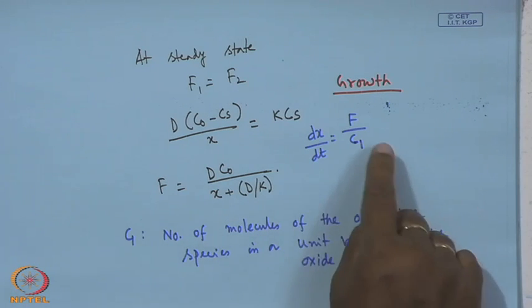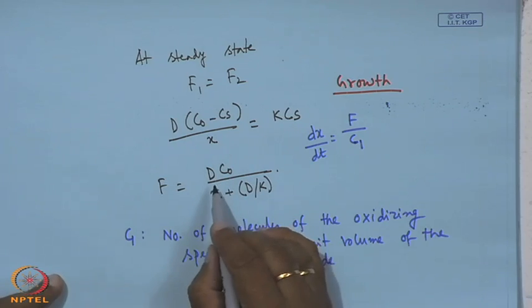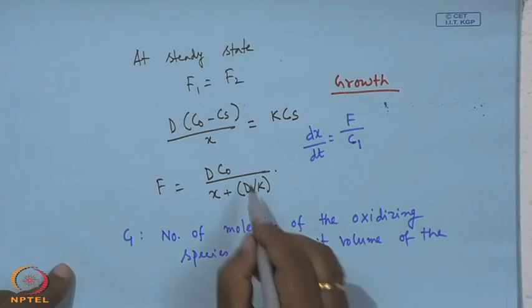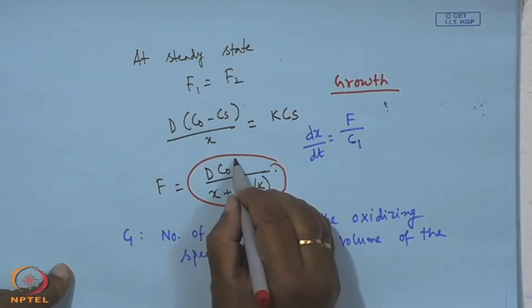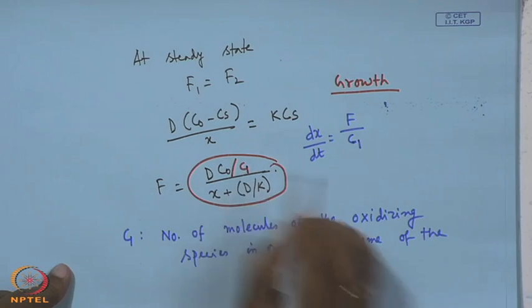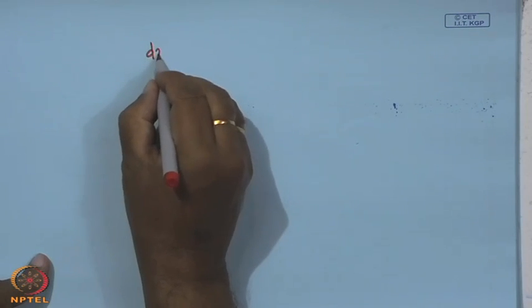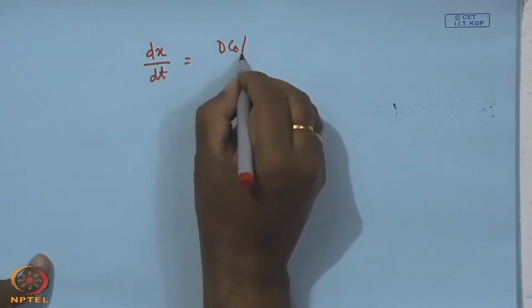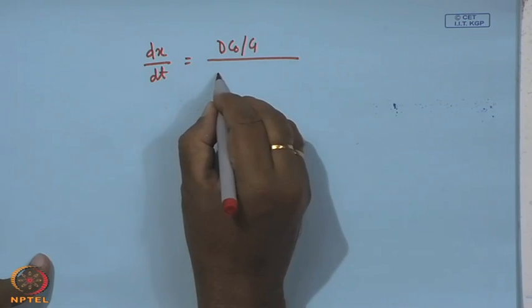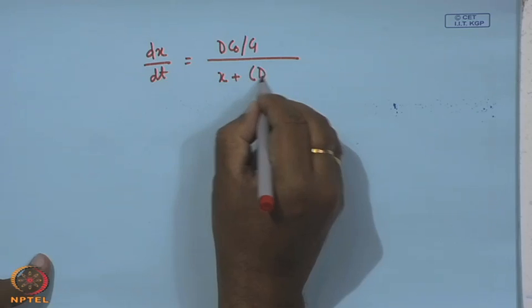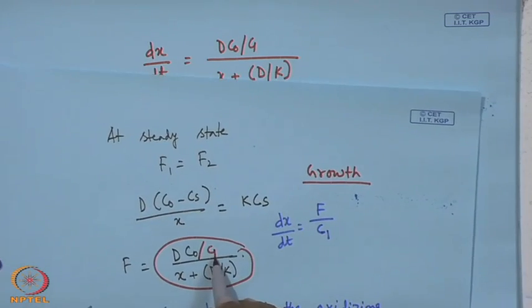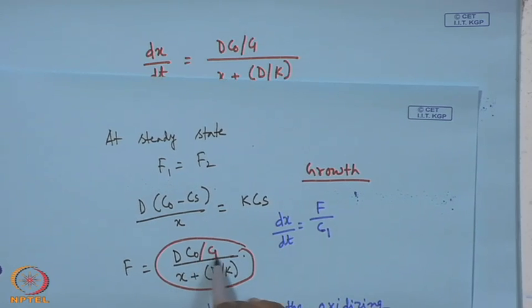Dividing the expression for F by C1, it will be D C0 by C1. Finally, we can write that the growth rate dx dt equals (D C0 by C1) by (x plus D upon k). It is the same thing we have written earlier, divided by C1 in the previous expression.